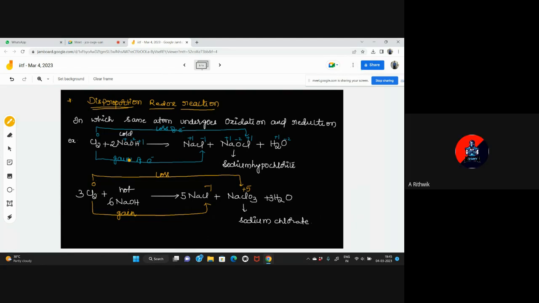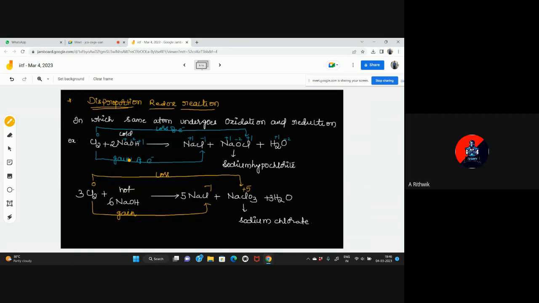Sir, how can we know how many electrons it will lose? 0 to -1 means what? How many electrons, 1 or 2? 1, sir. Here it is gaining 1 electron, and here it is losing 5 electrons.